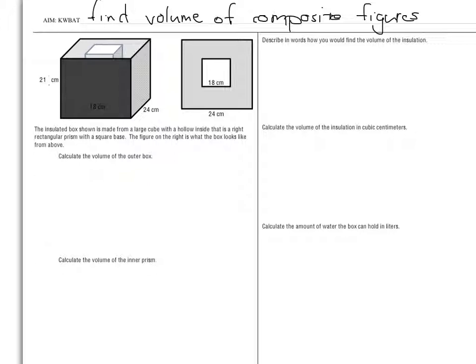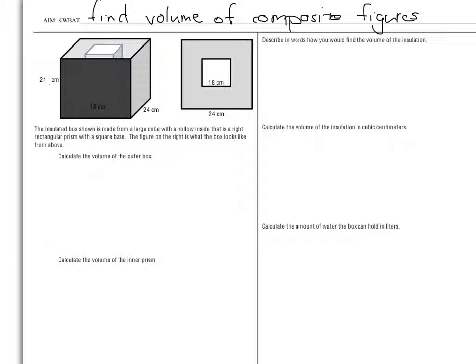All right, so when we look at this, we have an insulated box that is shown. It's made from a large cube, and they've hollowed out, or they've taken out, a right rectangular prism with a square base. So we need to calculate the volume of the outer box.